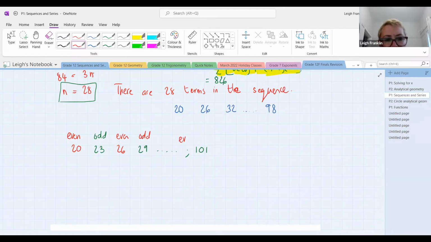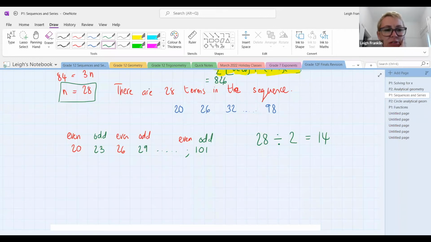So here we would have an even number, and then we would have an odd one, which is our very, very last term. So we can see that for every even number we have the same number of odd numbers. In other words, we can take 28 and divide it by 2, because either it can be even or it can be odd.